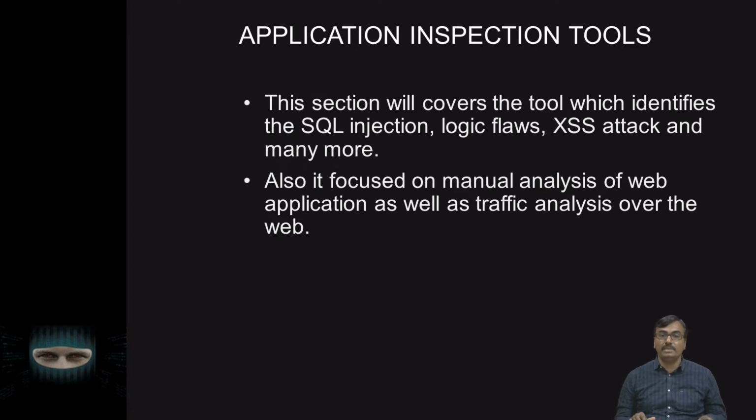Especially DVWA is specifically used for getting practice. This section will cover tools which identify SQL injection, logic flaws, XSS attacks and many more. It also focuses on manual analysis of web applications as well as traffic analysis over the web.